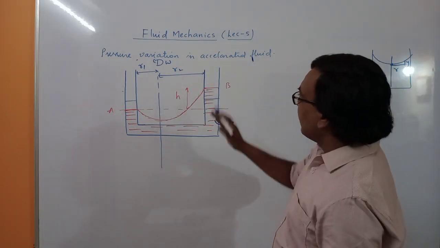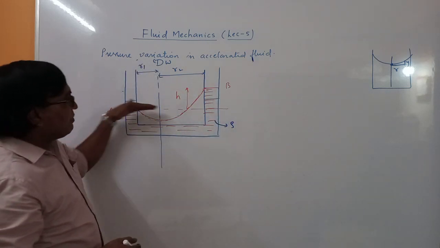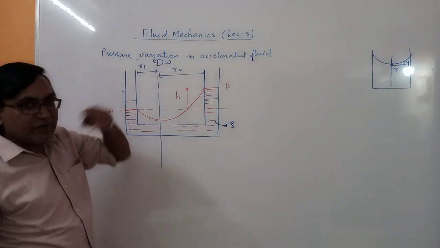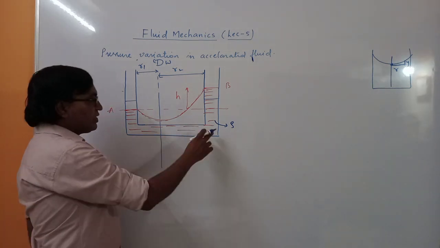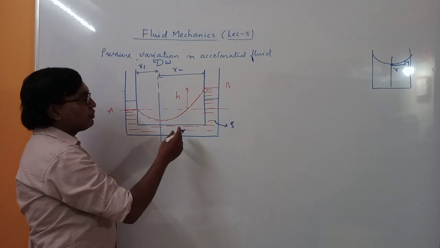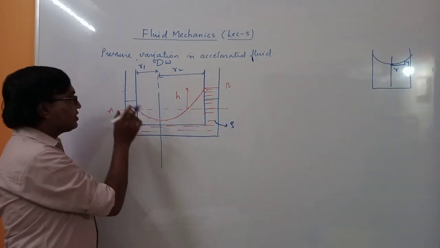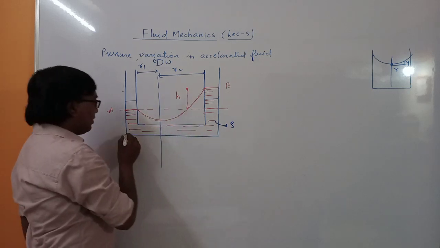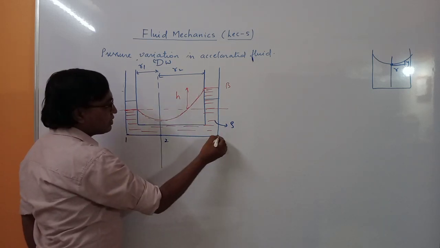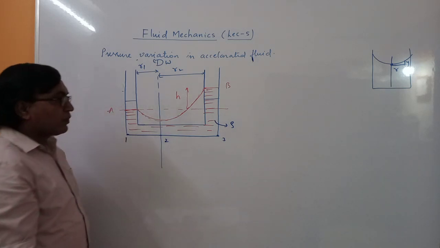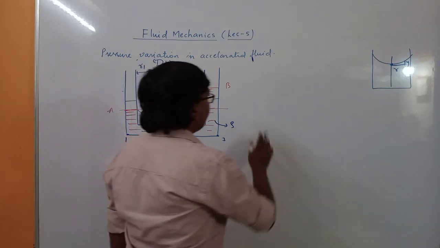Fine, so it is rotated. You will have some height here, you will have some height here. So there will be a difference in height from A to B. We have to find out that height h. So again, difference in pressure from this point to this point. If you go, you can write the pressure difference here. So if this is point 1, this is point 2 and this is point 3. How can you write the difference in pressure?